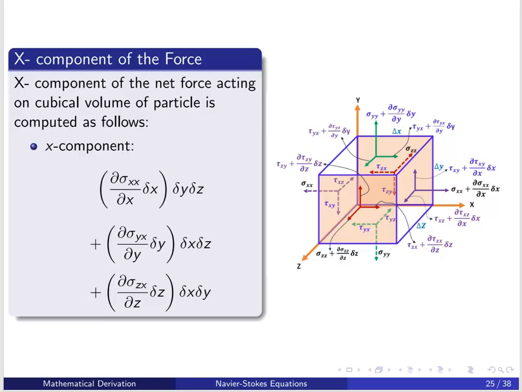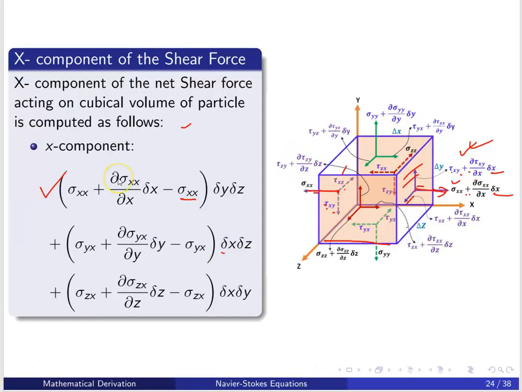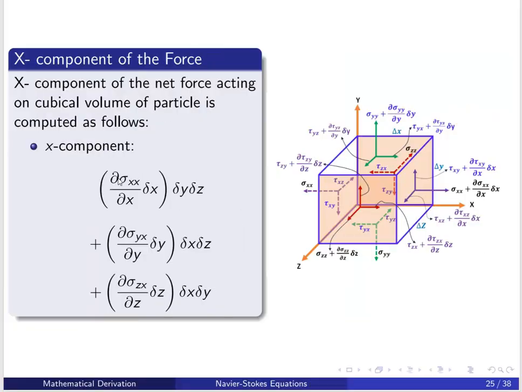Now from here the terms will cancel out, and we will only get dou sigma xx by dou x into del x, dou sigma yx by dou y into delta y into del x del z, and dou sigma zx by dou z into del z into delta x delta y.